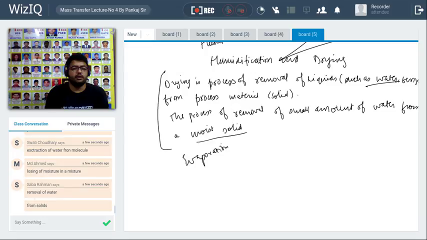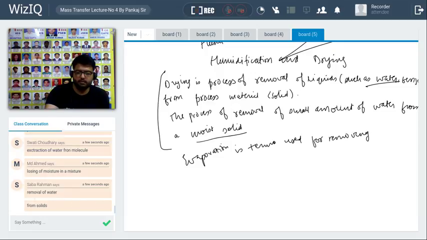While evaporation is the term used for removing a relatively large amount of water.